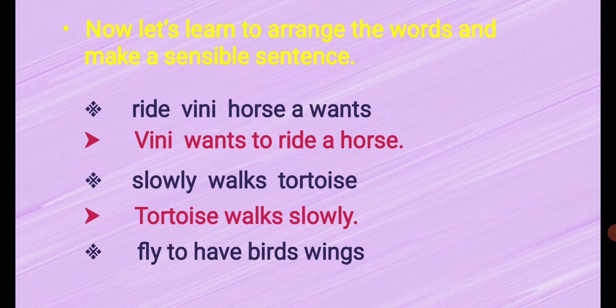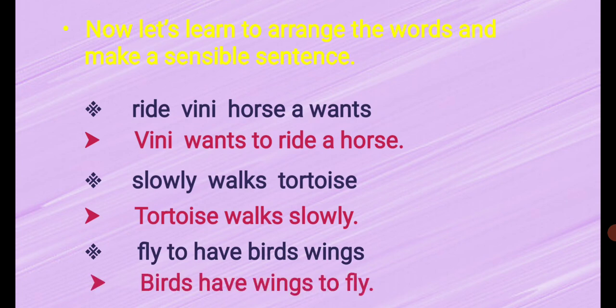Birds do fly. Birds have what? Wings. Birds have wings to fly. Understand? So what will be the answer here? Birds have wings to fly. So this is the way we arrange jumble words and make a sensible sentence.